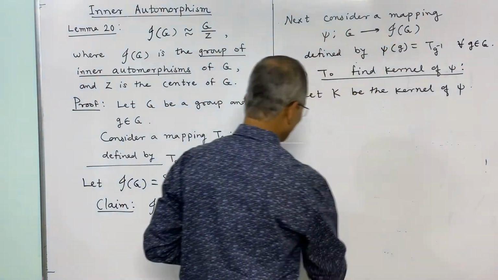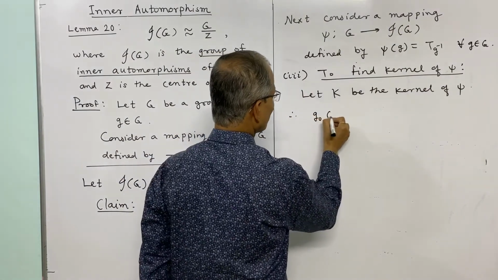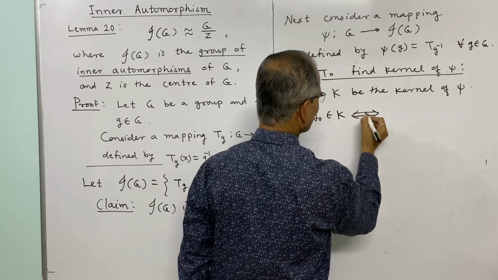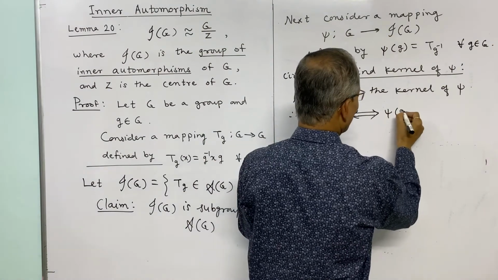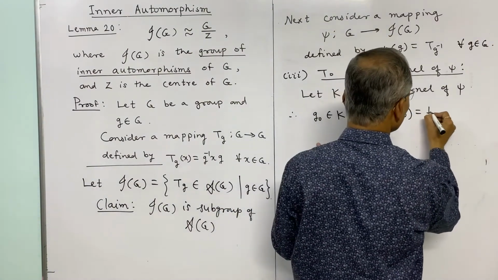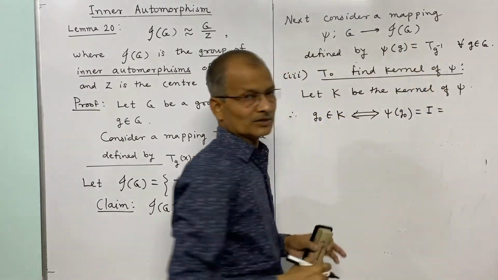So therefore, suppose g0 belongs to K, then this implies, and we write double implication, implies and implied by, psi of g0 is equal to the identity of psi, and the identity of psi is the identity mapping, that is the identity of Ig.